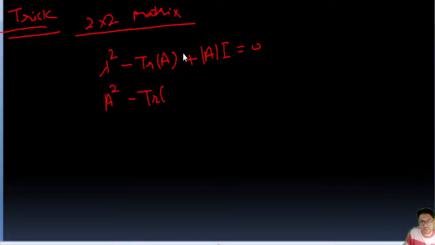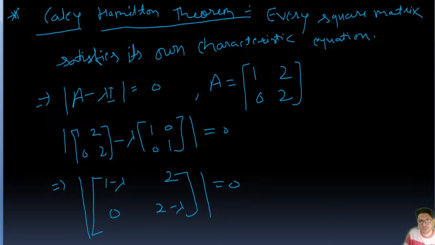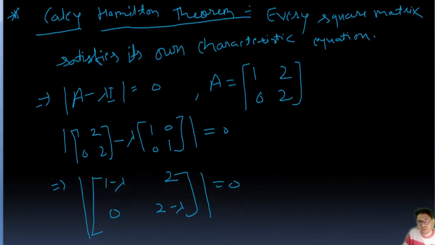Here this is lambda. So the characteristic equation is lambda squared minus trace of A, that is 3 lambda, plus the determinant of this matrix, which is 2. The matrix we are talking about is 1 2 0 2.